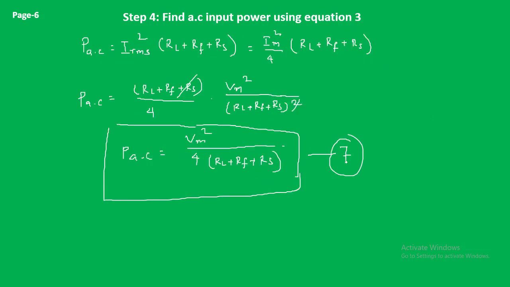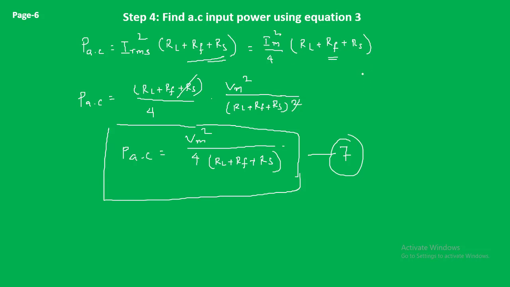Similarly, we can find the input AC power. In equation 3 we have seen PAC is equal to I square RMS into RL plus RF plus RS. IRMS equal to Im by 2 we have found earlier, so we are getting Im square by 2 square, that is 4. So Im square by 4 into this resistance part. Now let us substitute Im in terms of Vm.